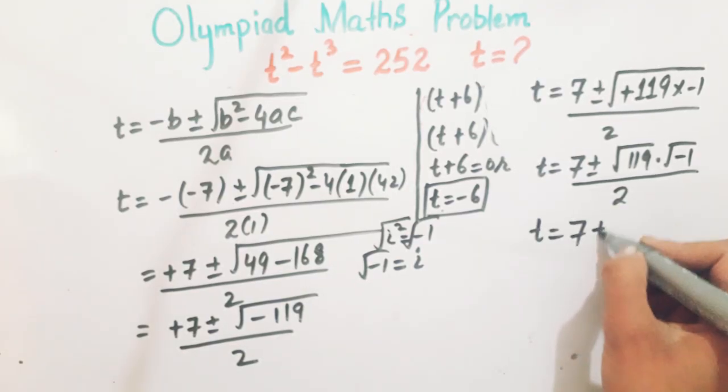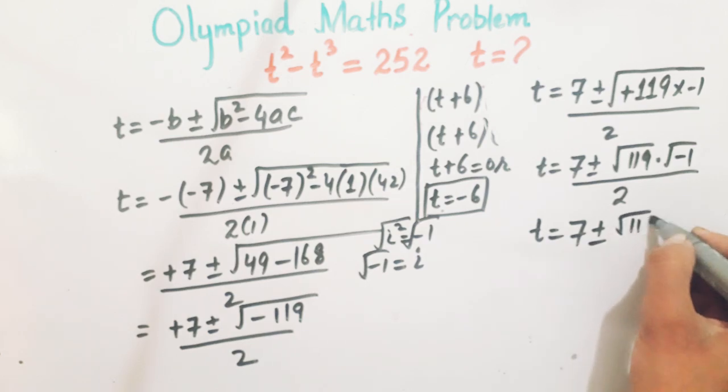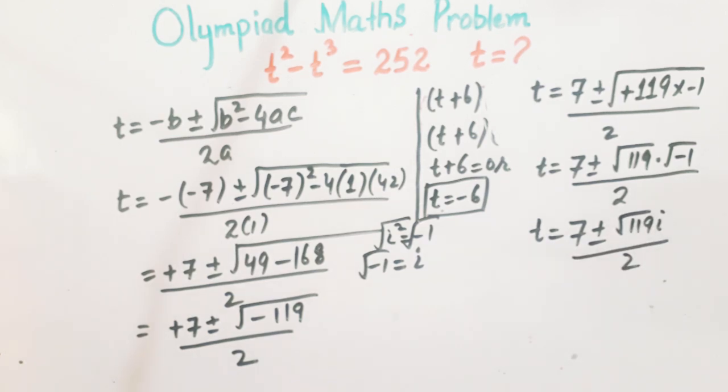So t equals 7 plus minus root 119 iota divided by 2.